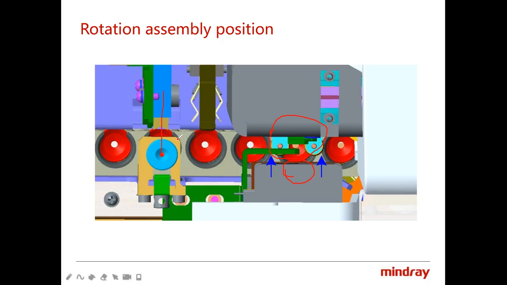So if we have confirmed the analyzer's left and right position makes a good position for the piercing probe, we need to adjust this position and this position by other methods. We can adjust the position of the analyzer again. So we can loosen the screws of this part and this part and adjust a little left and right.